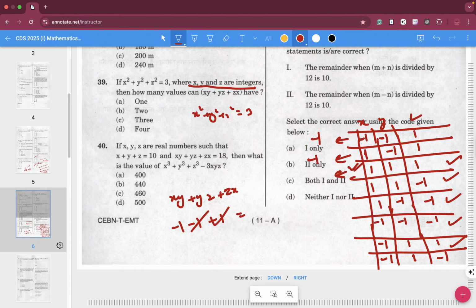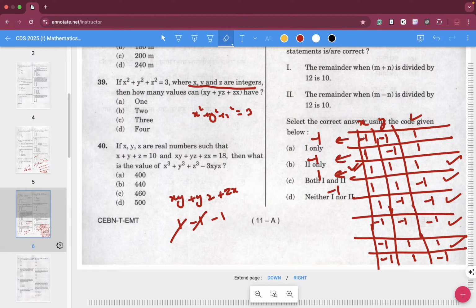Now this value, again xy plus yz plus zx, it will give you 1, isn't it? Now this particular value over here, 1 1 -1, right? This is 1 -1 and zx will be again -1, right? So this one again is giving you -1.